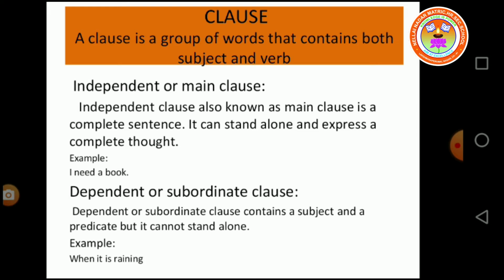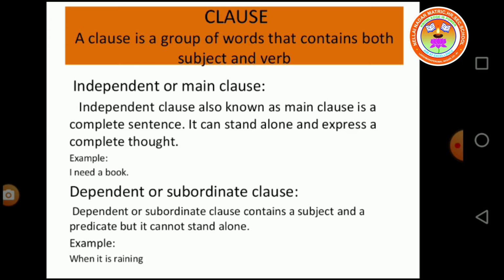Next, clause. A clause is a group of words that contains both subject and a verb. It can be a sentence or part of a sentence. Clause is divided into two main types.